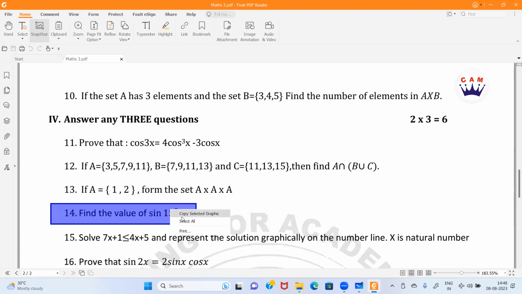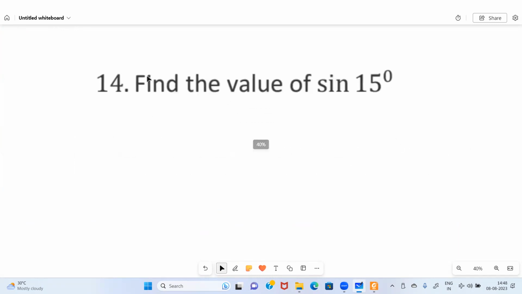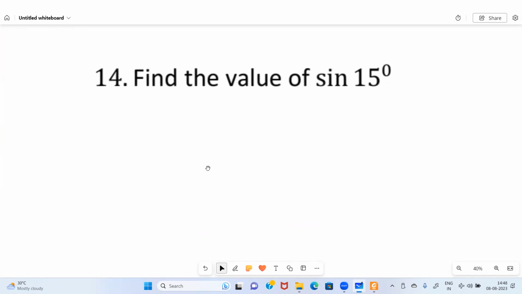Let's look at 14th question. Find the value of sine 15 degrees. Sine 15 degrees can be written as sine 45 minus 30. Yes, students?